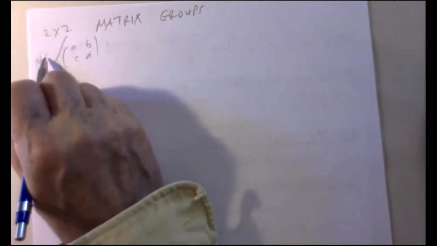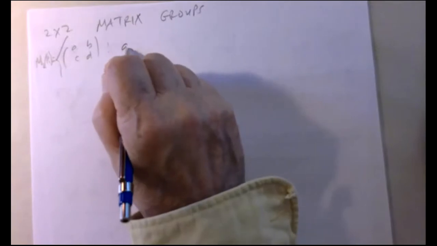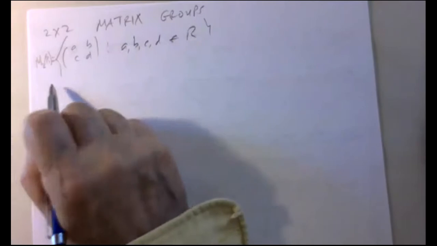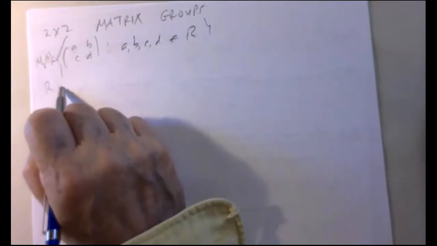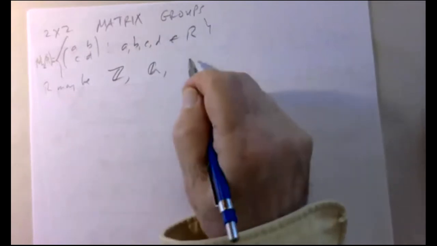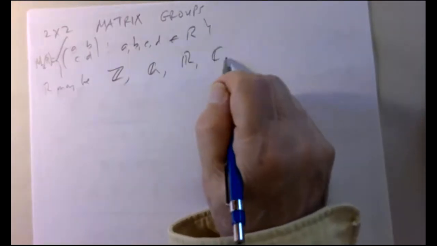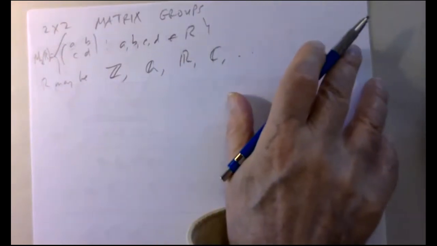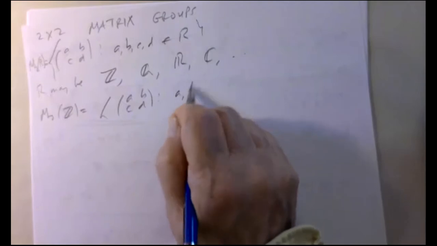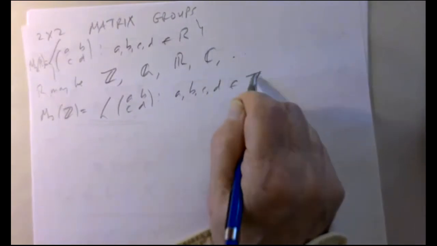So let me just write M sub 2 of R. This is all matrices with the coordinates A, B, C, D in R. And depending, you could pick the integers, the rationals, the real numbers, the complex numbers, all sorts of things, right? So M2 of Z, for example, is all matrices with A, B, C, and D integers.